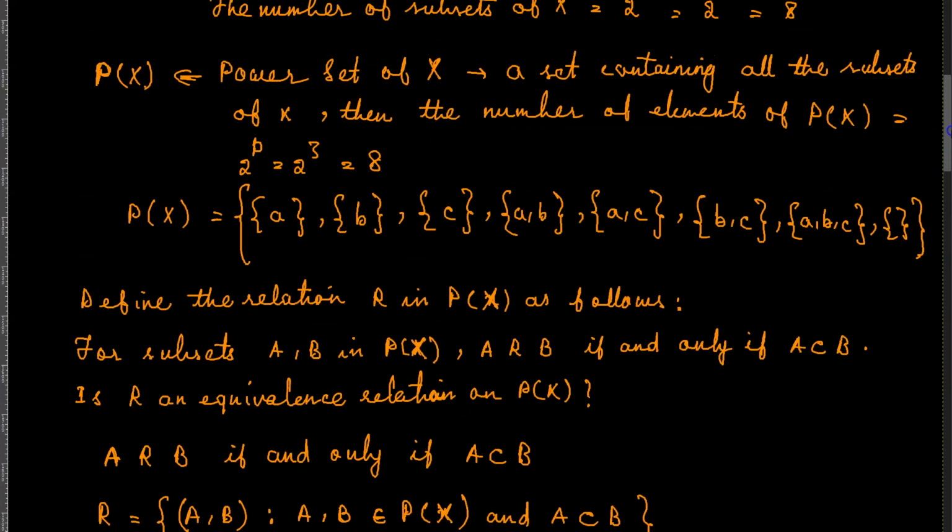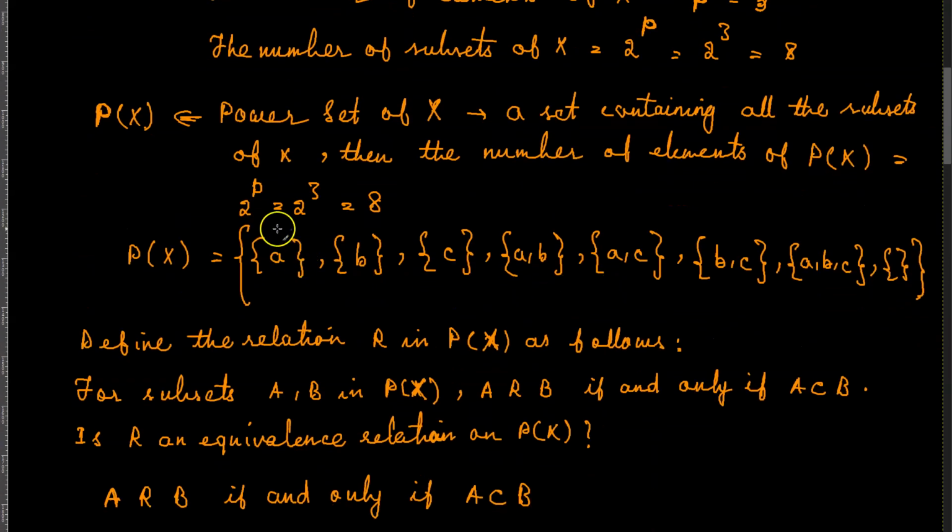Meaning that, for example, if you take a look at these sets over here, this set over here, which is, for example, the set A, is of course a subset of itself. The other set is a subset of itself. The other set is a subset of itself.